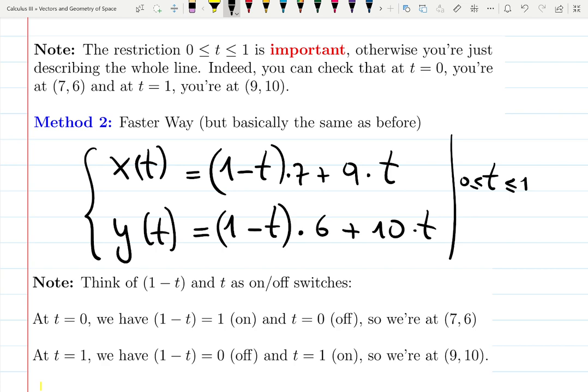So when t is 0, we have 1 minus t equal to 1, so we are walking. But when t is 1, we have 1 minus 1 is 0, so we are not walking. So it says walk, not walk. Walk, not walk at 1 or 0. That's also a pretty cool idea here.